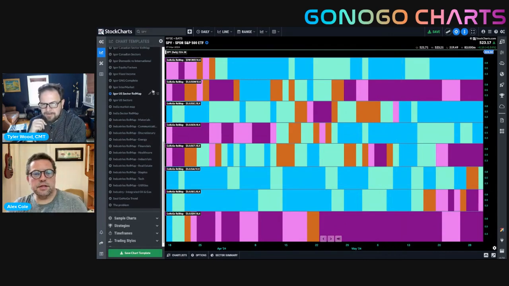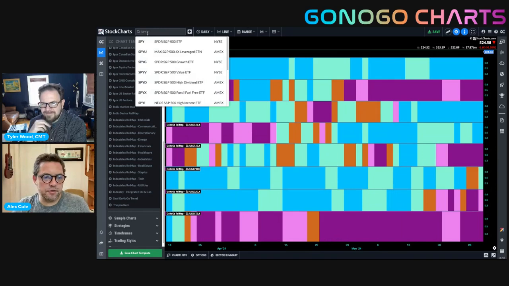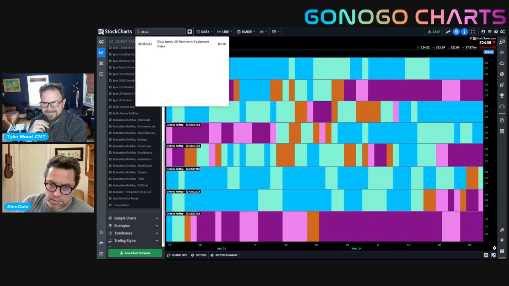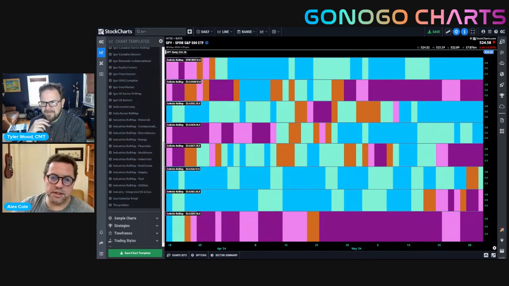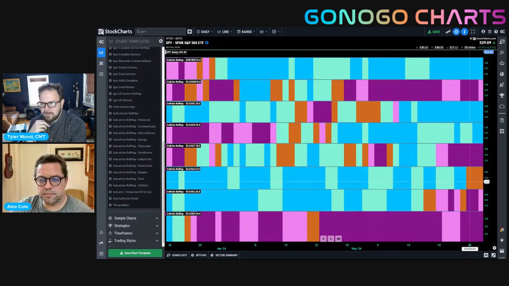Hold on, before we make a big gaffe. Electronic equipment has been in a go trend for a long time, so that's interesting that we're seeing some amber bars there. And you just saw it change again, so not doing quite as well as the other sectors that have been leading.